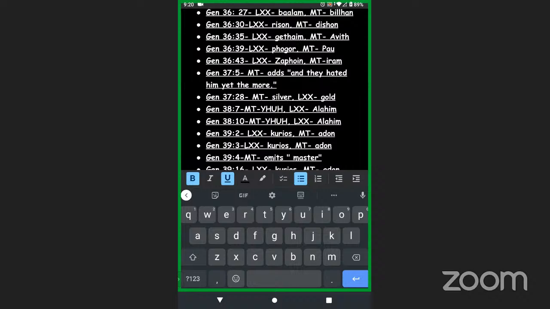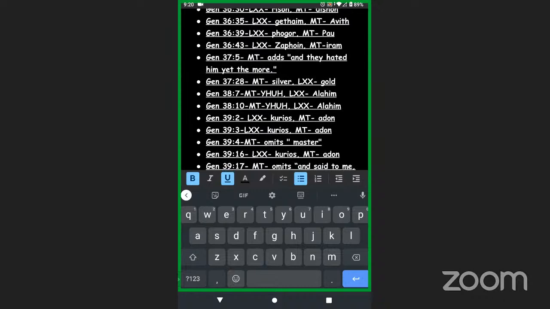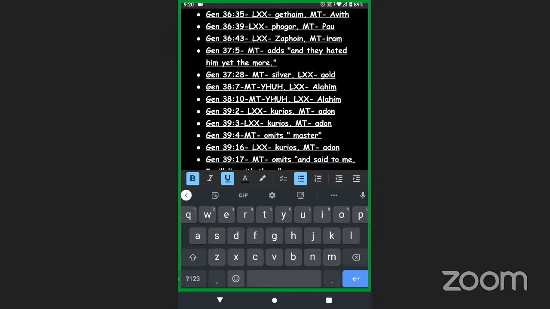Genesis 36, verse 27, LXX has Balaam. Masoretic text has Bilhan, so that's a lot different there. Genesis 36, verse 30, LXX has Rezon. Masoretic text has Dishon. Definitely a difference in geography there with the names. All right, so the Septuagint of Genesis 36, verse 35 has Gethaim.